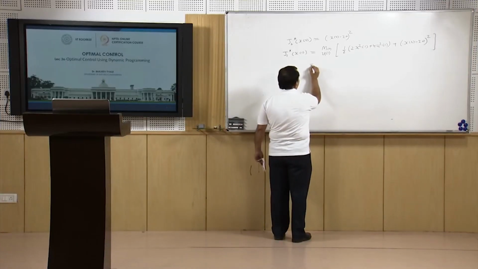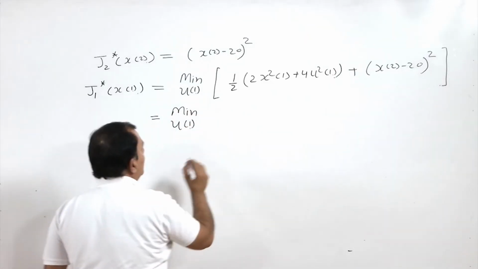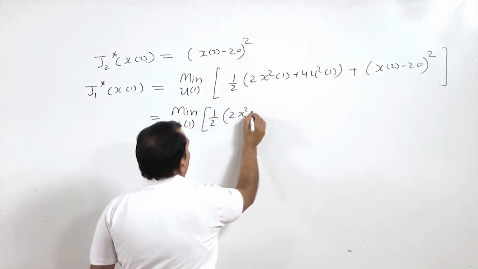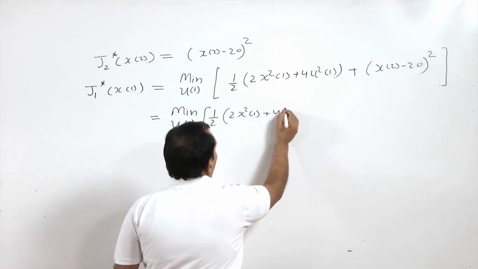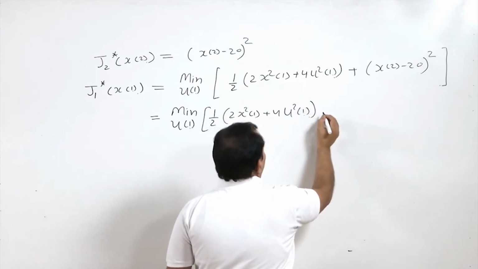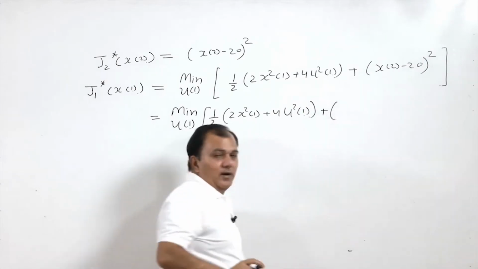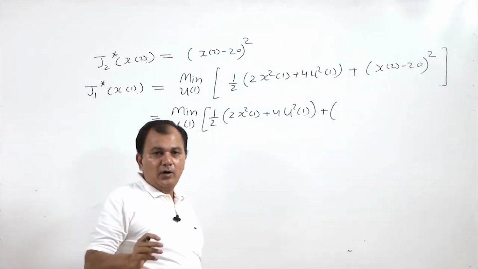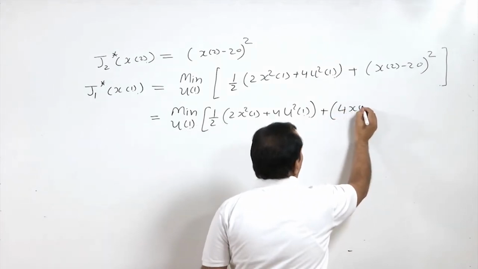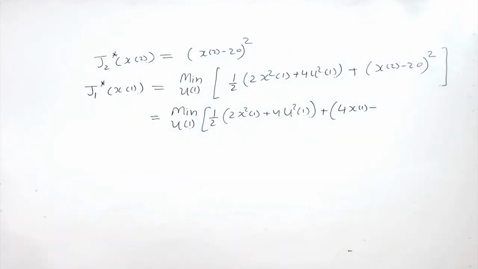This means I can write this as the minimum over u1 of half of 2 x square 1 plus 4 u square 1, plus, in place of x2, I write my plant as (4 x1 minus 6 u1) square.